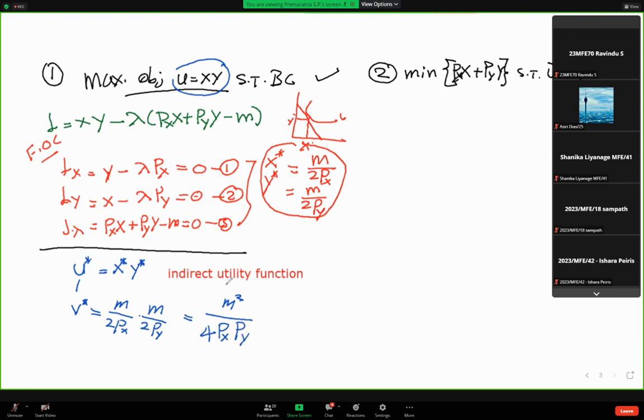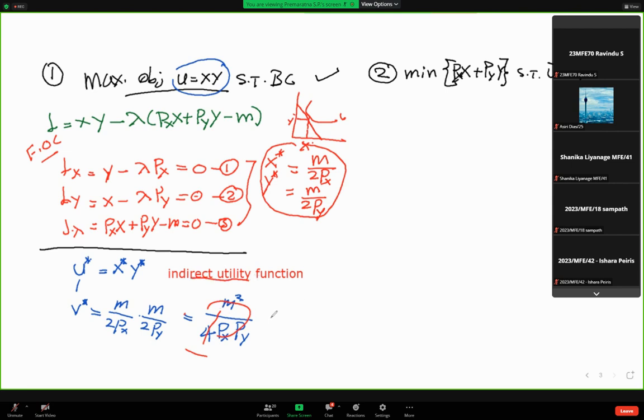So this function we call the indirect utility function.